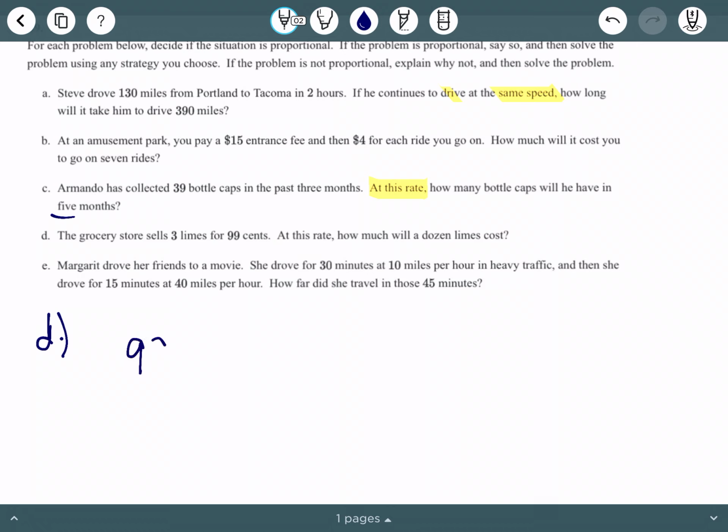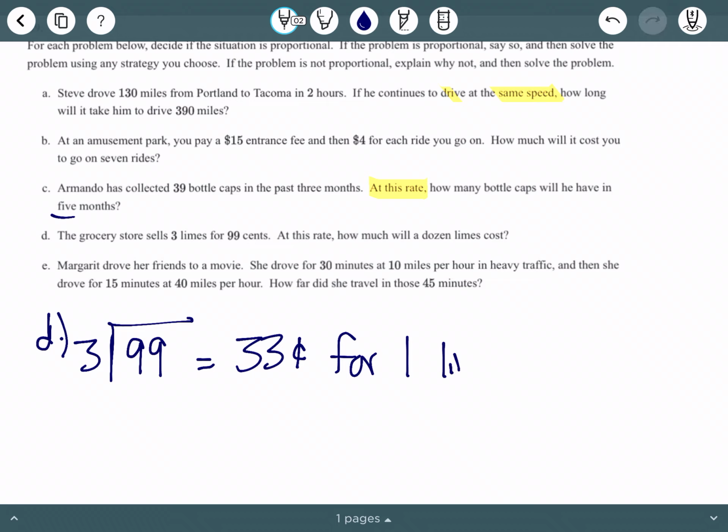So if we divide that 99 cents by 3, I can really do this without having to do long division, but I know that it's going to be 33 cents for 1 lime. And since I found my unit rate, what I can do is 12 times 33 cents, or in this case 0.33, since we're speaking in terms of money.